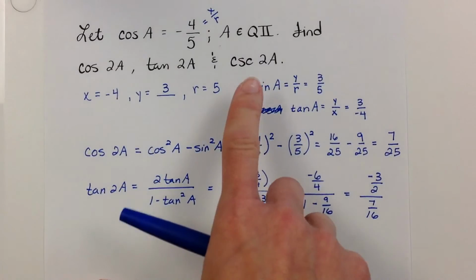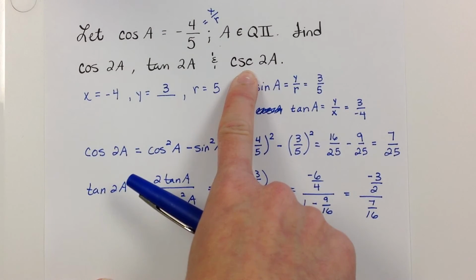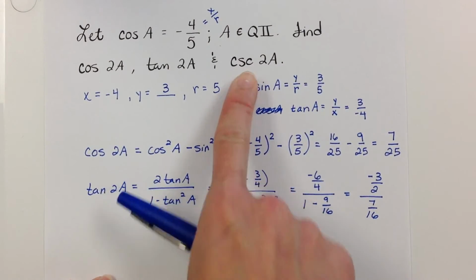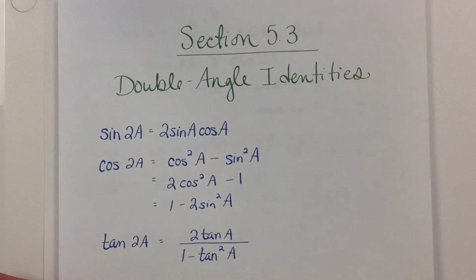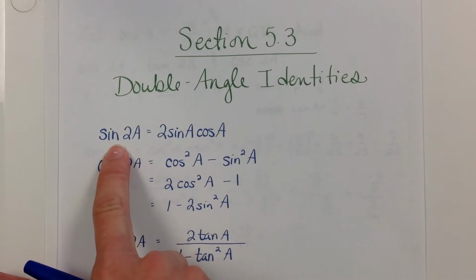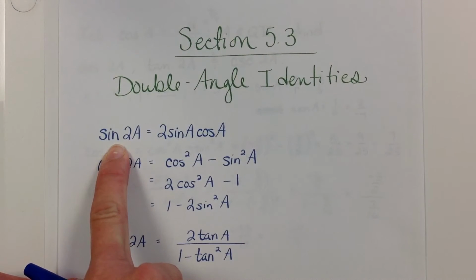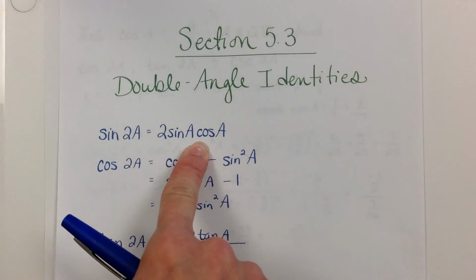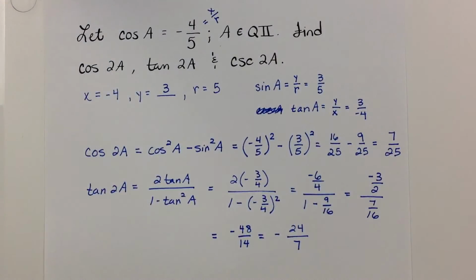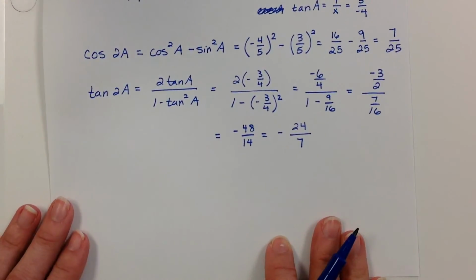Now, the last piece of information I asked you to find was cosecant. I did not list a double angle identity for cosecant, but you do have the double angle identity for sine, so you'll use this and then just take your answer and flip it, do the reciprocal. First of all, we're going to find sine 2A.